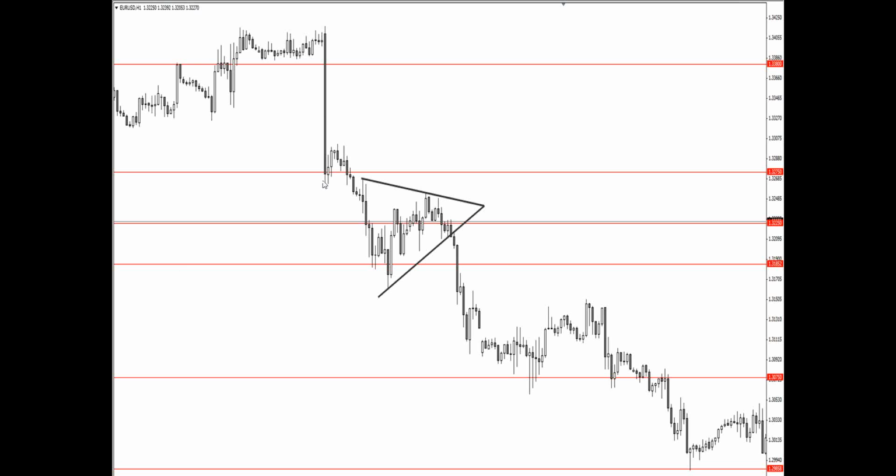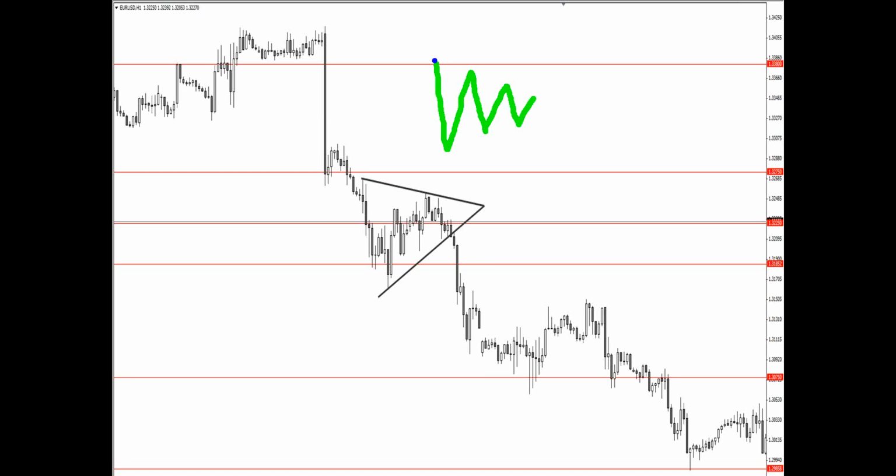What are triangles? Triangles are commonly found in the price charts of the Forex market, but they can also be traded in the stock market, bonds, and futures market. The pattern derives its name from the fact that it is characterized by a contraction in price range and converging trend lines, which gives us a triangular shape.